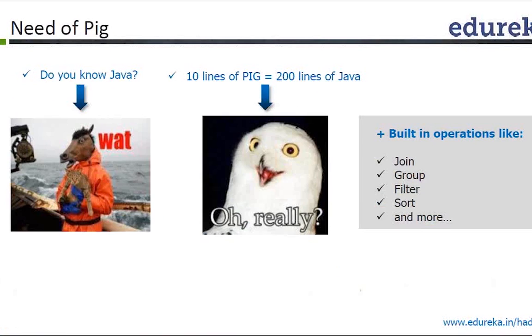So why go for Pig, or what's the need to have Pig kind of processing in the Hadoop environment? It is about the Java MapReduce program. A frequent complaint about the MapReduce program is that it's a bit difficult to program. And whenever it comes to MapReduce programming, one thing is, do you know Java?